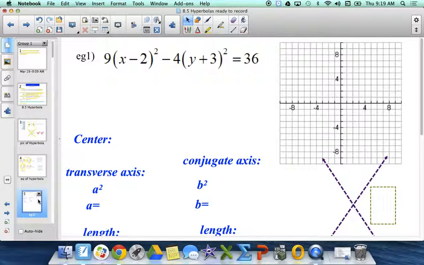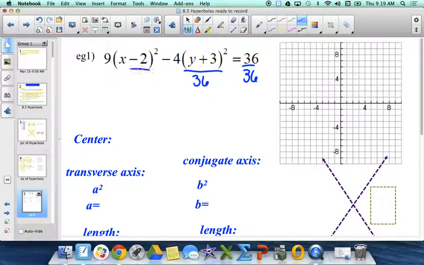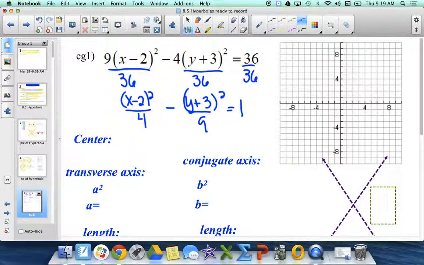So my first example says 9 times (x minus 2) squared minus 4 times (y plus 3) squared is equal to 36. So the first thing we would do here is divide everything by 36. And we get (x minus 2) squared over 4 minus (y plus 3) squared over 9 is equal to 1.